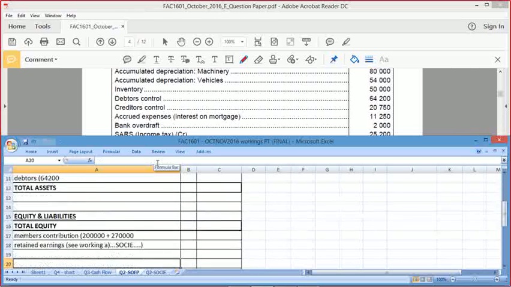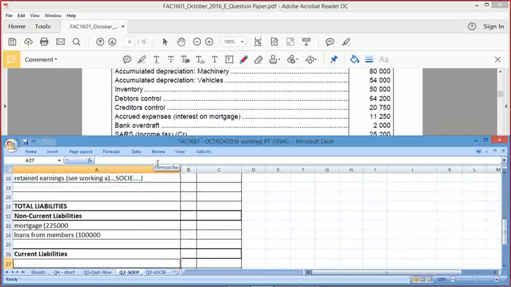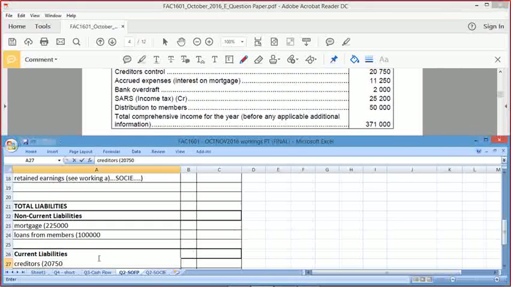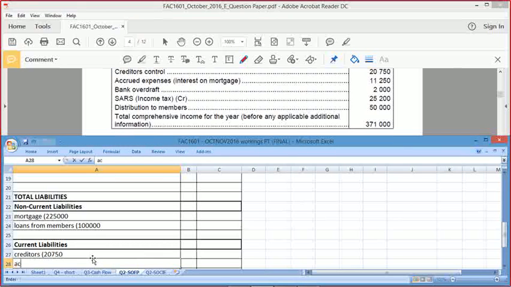Which one? Current liability. Correct. Bracket 2750. Accrued expenses. Expenses that I've incurred that I haven't paid, so it's a liability. Perfect. Current liability, right? Correct.